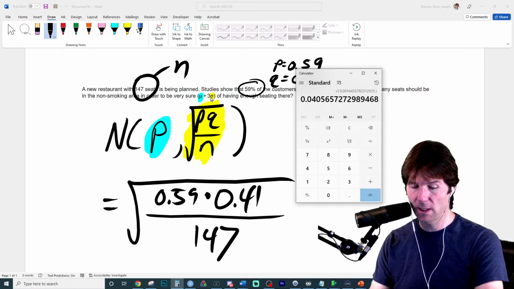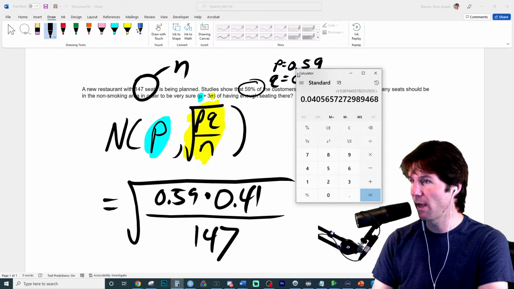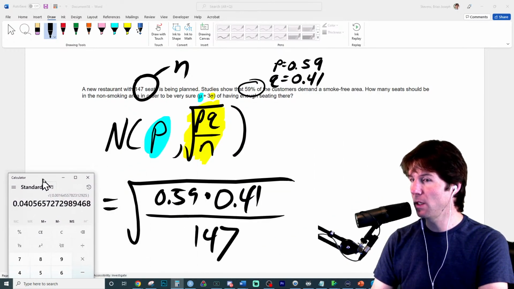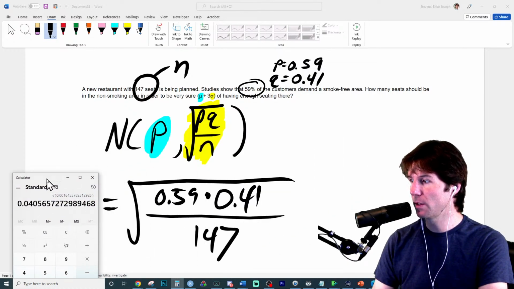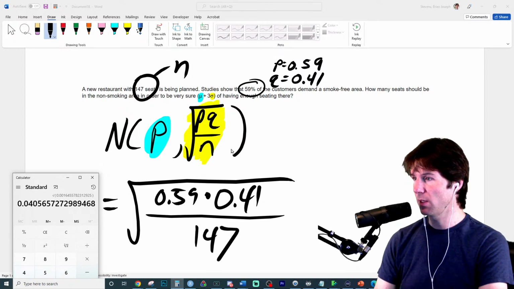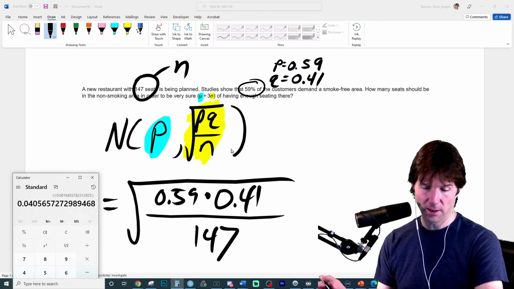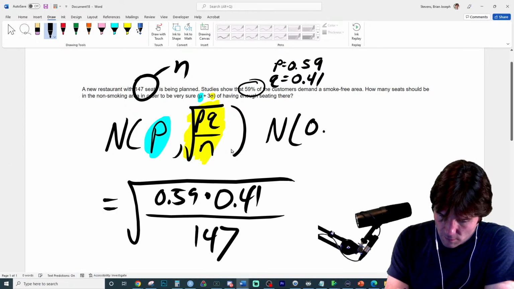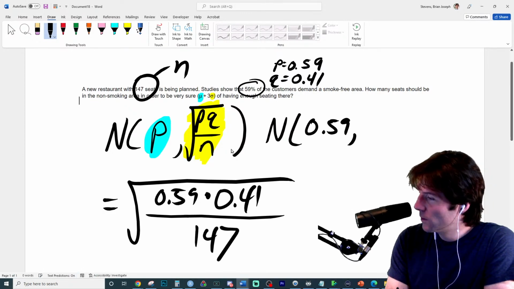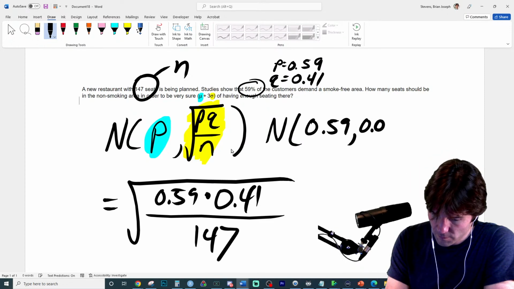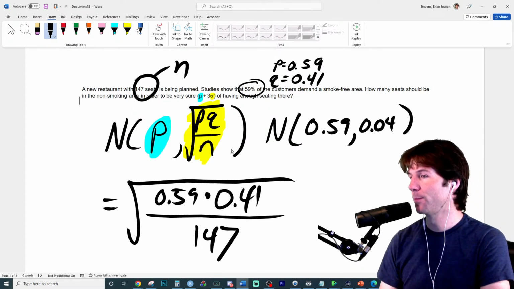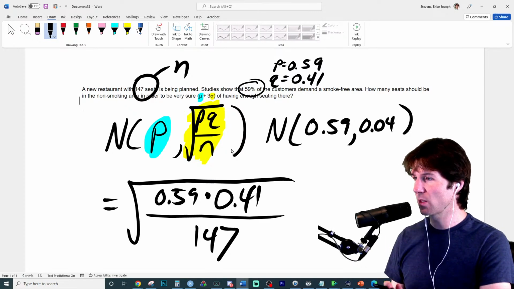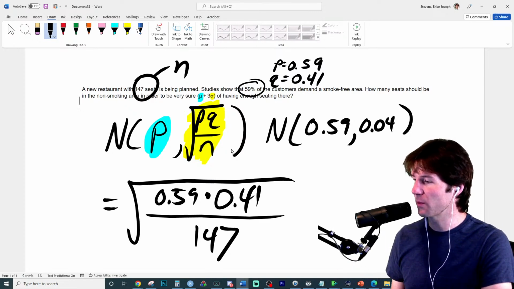What do you think is the next step that I'm going to incorporate in this? Because I've now found the square root of P times Q over N. So I could write it down right here. That's a rounded version. That's the rounded. I'm going to carry my decimals a moment.